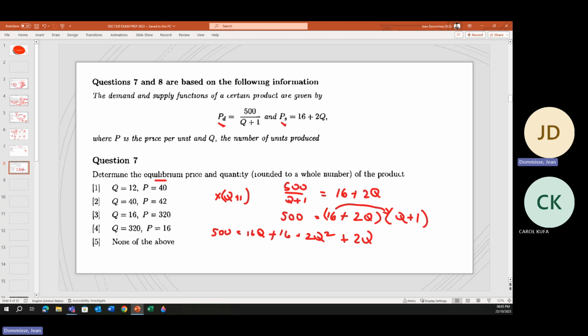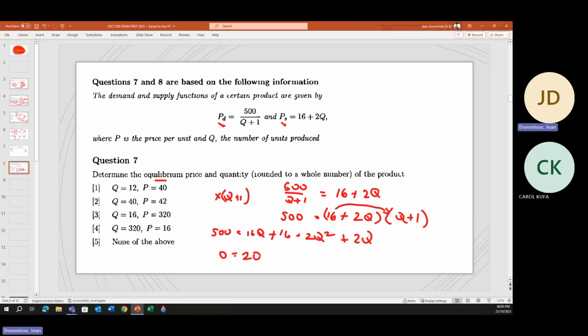Okay, so let's write it all as equal to 0. So 2Q^2 plus, sorry, 18Q minus 484.